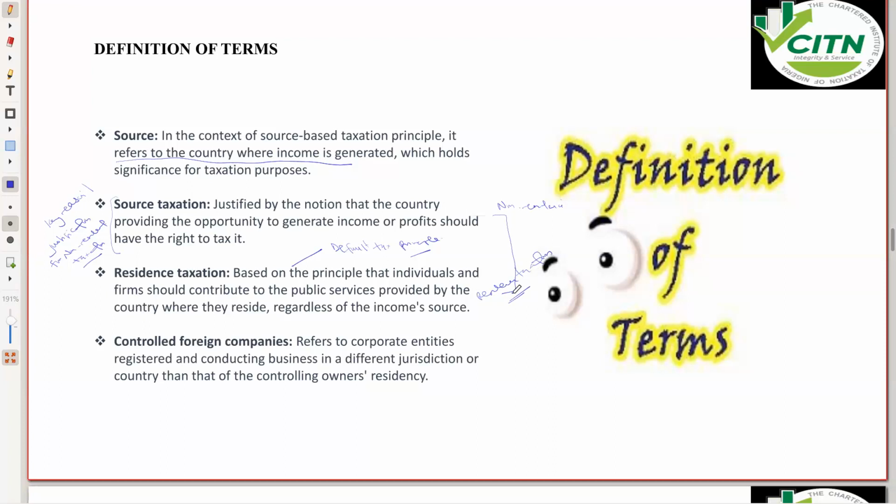Another term we want to be aware of is what we refer to as a controlled foreign company. This basically refers to corporate entities that are registered and conducting businesses in a different jurisdiction or country other than that of the controlling owner's residence. So what we have is the owner is in Nigeria, and you have a company that is established in Nigeria.